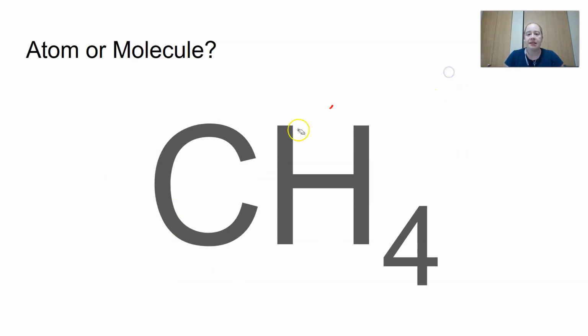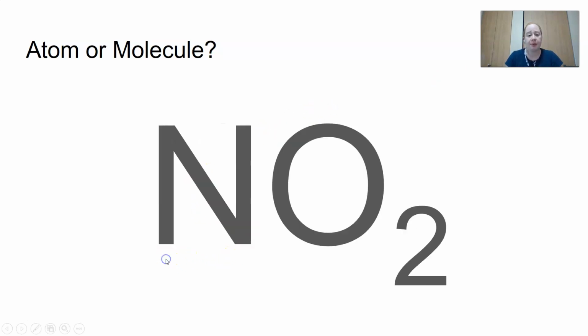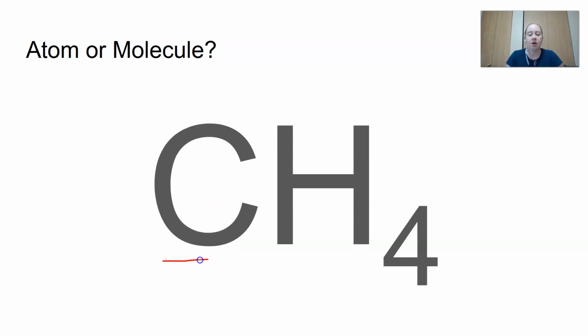So is this an atom or a molecule? What you're going to do is you're going to look for the number of capital letters. In this case, we got a capital C and a capital H. Therefore, we have two elements. We have carbon and hydrogen. Therefore, this must be a molecule of some kind.